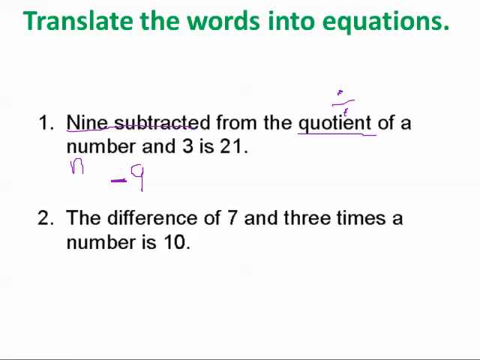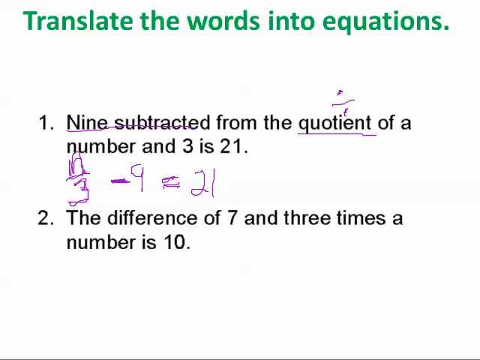Well, there's its quotient, a number and 3. And then they're going to tell me it is 21. And what am I going to do after I write it? I'm going to go back and read again and make sure that it does match. 9 subtracted from a quotient, here's my quotient, of a number and 3 is 21. So I feel like I'm matching here.